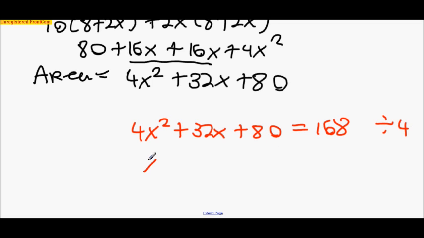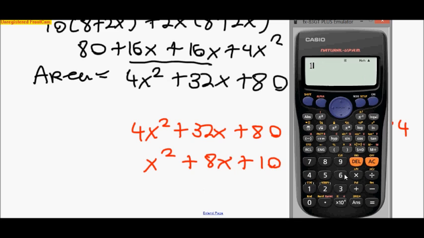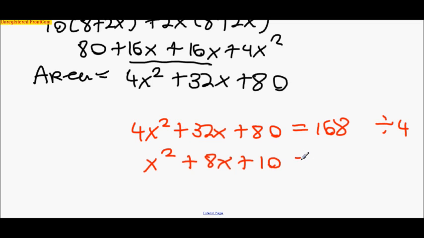So you get x squared plus 8x plus 10, and 168 divided by 4 is 42. Equals 42. Bring the 42 across. We're going to get x squared plus 8x minus 32 equals 0.